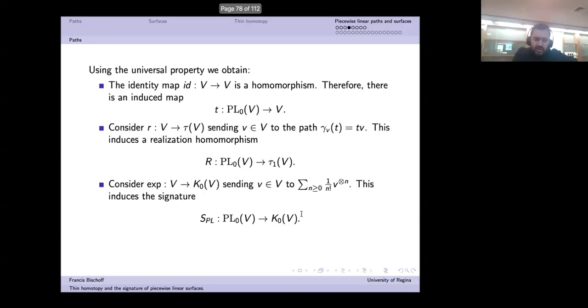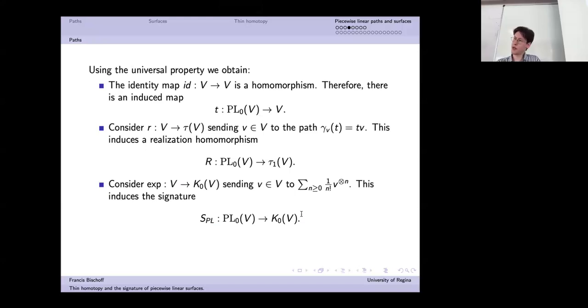You said the free algebra restricted to one-dimensional subspaces is abelian, and that's why this gives a homomorphism. Exactly, because the exponential map is a homomorphism when you have an abelian Lie algebra.